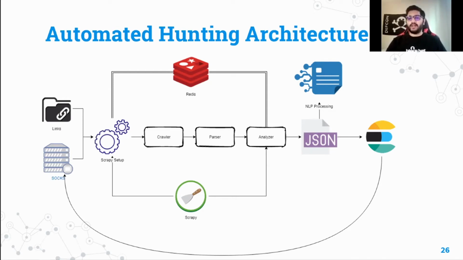You first get some data, train those NLP and ML models, and then put the model into place to get the data you want based on your organization's threat model or requirements. Then you put it into Elasticsearch, do the Kibana search, and so on. Then it repeats with Scrapy, and you keep getting data into Elasticsearch.